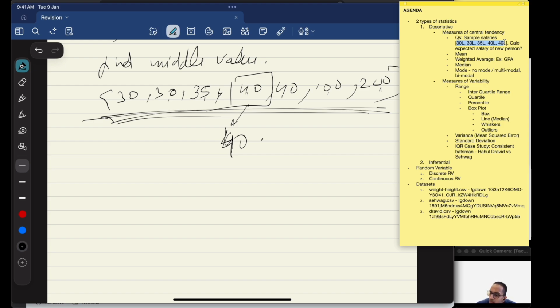If the number of records are even, or let's go with odd first. If the number of records are odd, then we simply use the n by 2 plus 1th term, which is our middle value.